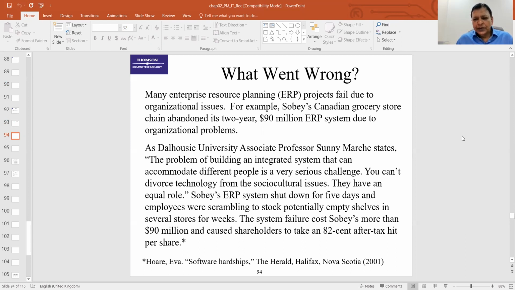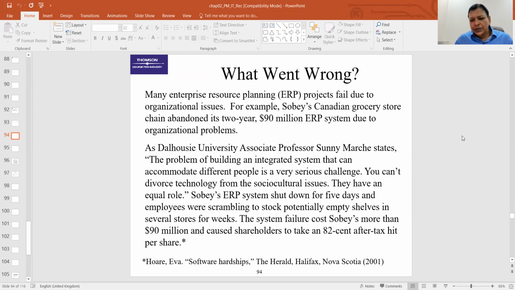One of the professors from Dalhousie University tried to identify why this system failed. As per his statement, building an integrated system that can accommodate different people is a very serious challenge. You cannot divorce technology from cultural issues.